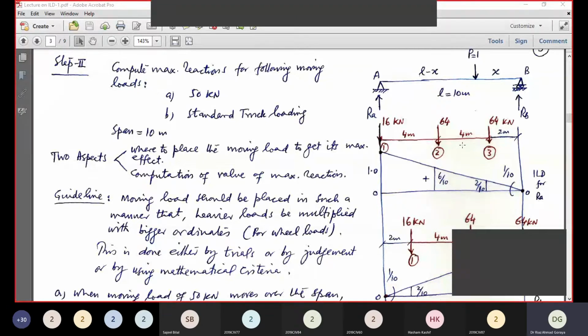Just multiplied this horizontal distance with the slope. So now trial 1 will be 16 into 1 plus 64 into 6 by 10 plus 64 into 2 by 10.